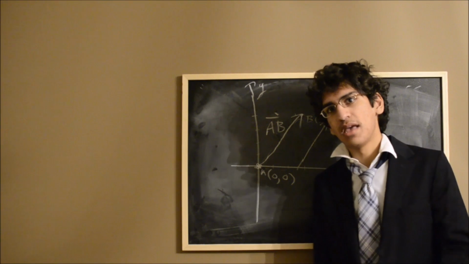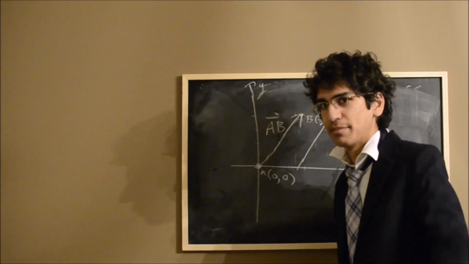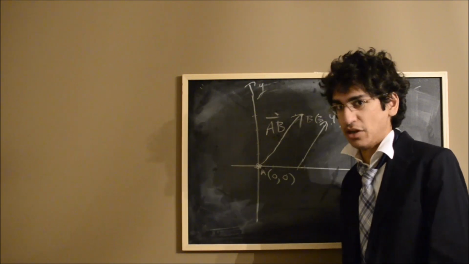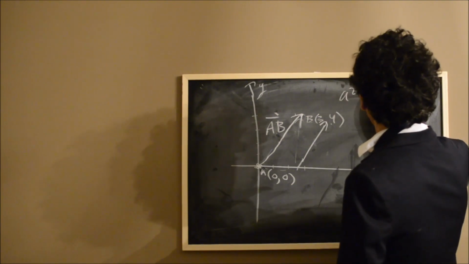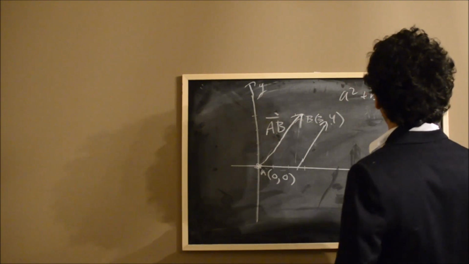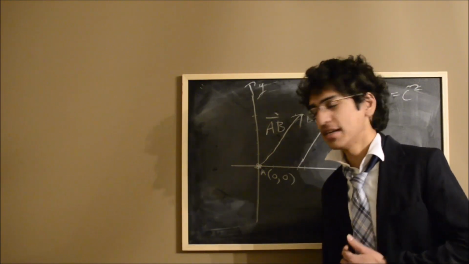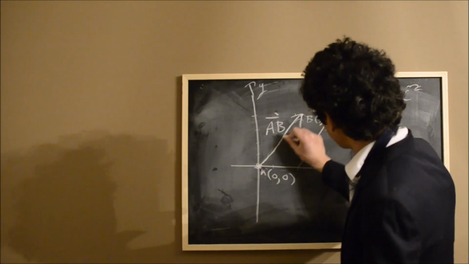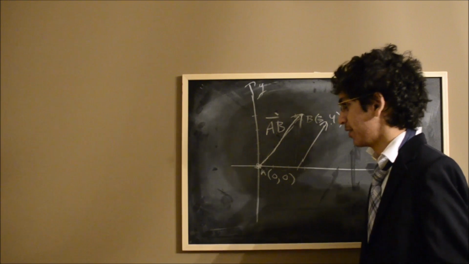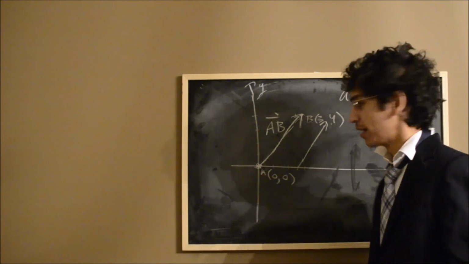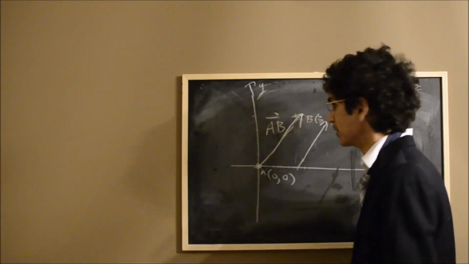What's the length? Well, we can use the Pythagorean theorem. And if you can't remember what the Pythagorean theorem is, which in all probability you don't, it's this. How does that help us find the length of this vector? Well, you see, if you look at this diagram representation, this is the hypotenuse of a right triangle. So we can find the length of this vector by completing the right triangle that is defined by this hypotenuse.